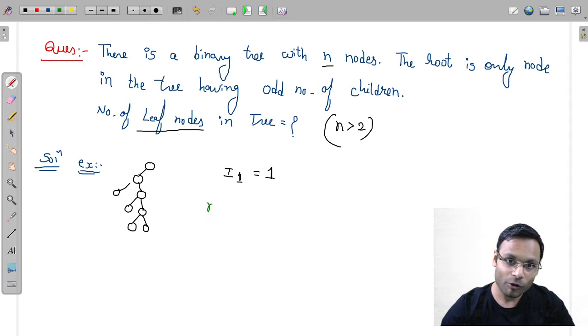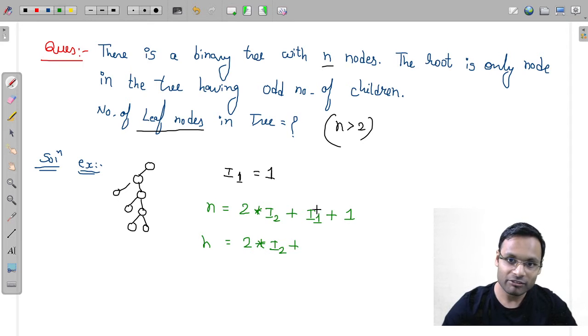So the total number of nodes we know is 2 times I2 plus I1 plus 1. Right? And we know that 2 times I2 plus I1 is 1 plus 1, so n is equal to 2 times I2 plus 2.